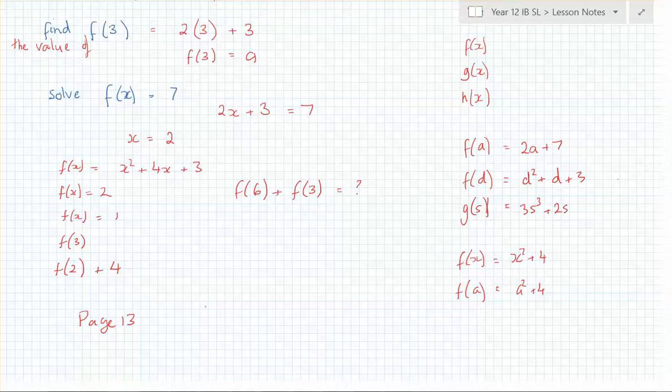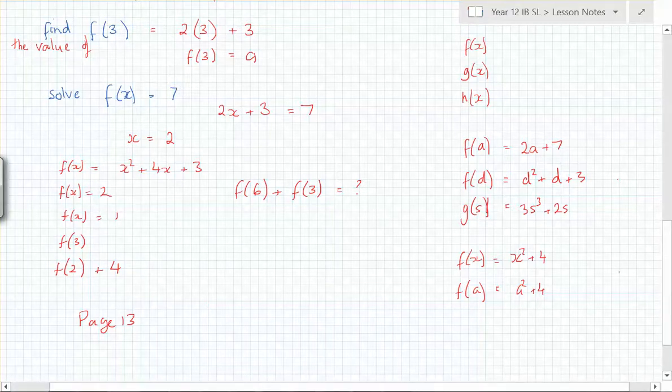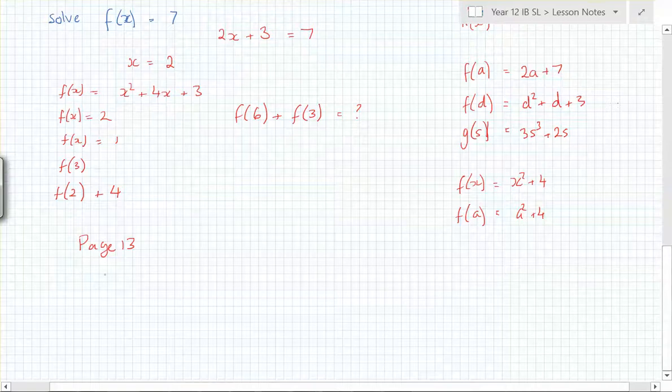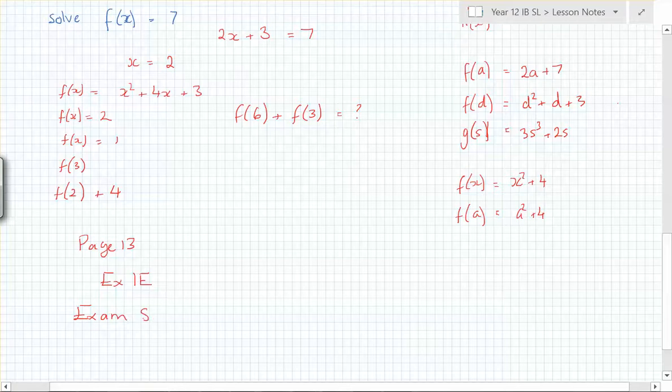Make sure by the end of this, so I've got 15 minutes, that you have definitely had a go at the exam style questions at the end of those two things. So maybe not do all of them, but check that you can go through it. Page 13, exercise 1E, make sure that you have done, along with others, the exam style questions.